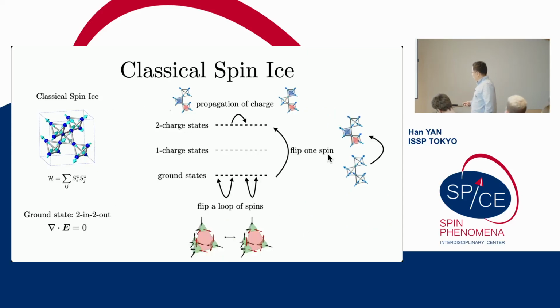Overall, you have exponentially many ground states, exponential in the system size, because you can often find loops that go head to tail, and if you flip such a loop, you still satisfy the two-in, two-out condition, so you go from one classical ground state to another. If you flip one spin, then you effectively create a pair of a positive electric charge and a negative one. These are the two charge states as your excited states.